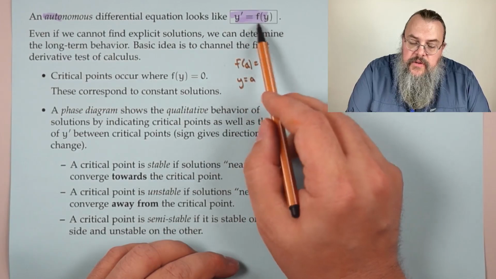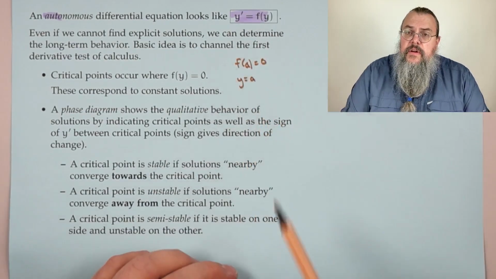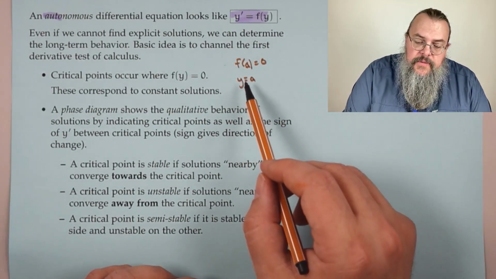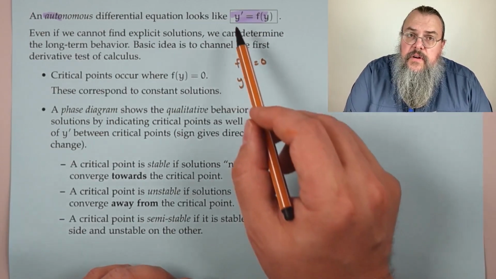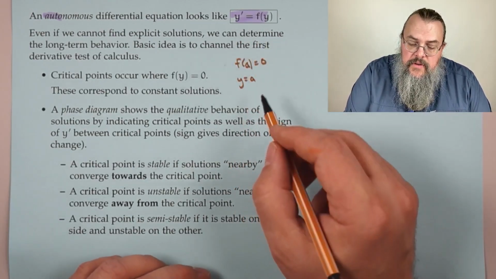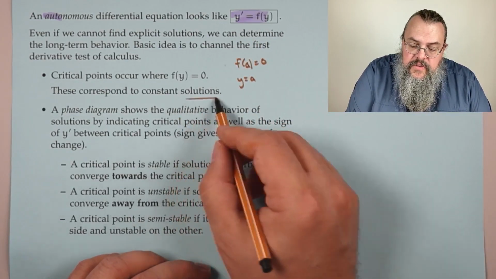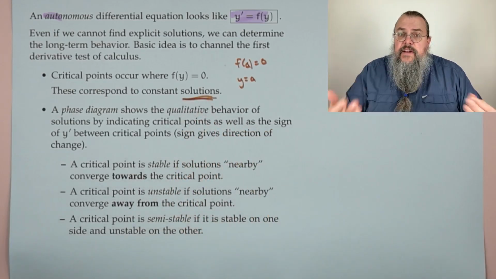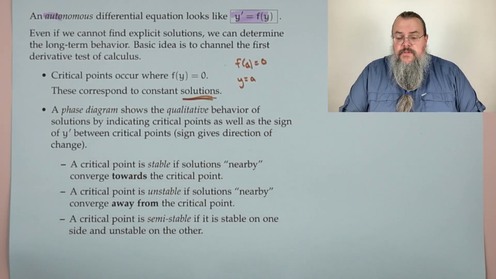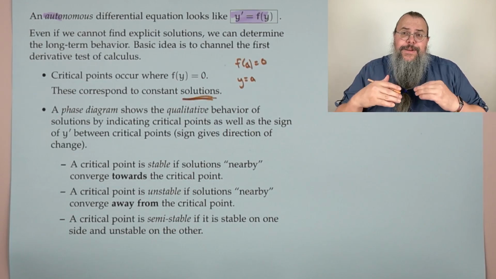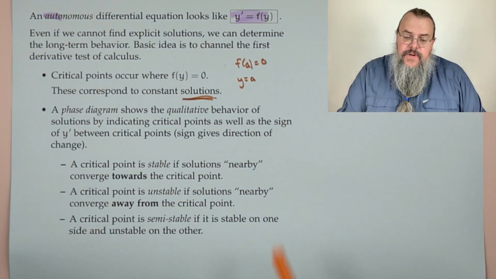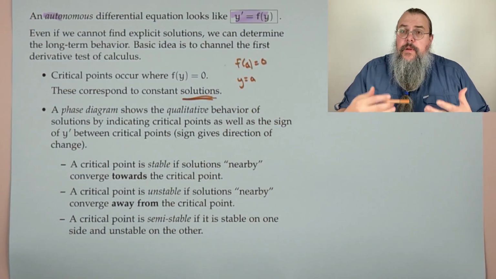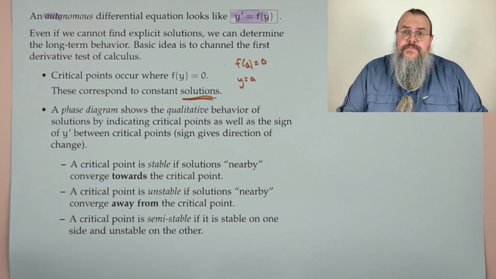If you plug it into the right hand side, you get 0. But the derivative of a constant is 0. 0 equals 0. So, aha, it's a solution, right? Because it satisfies the differential equation.